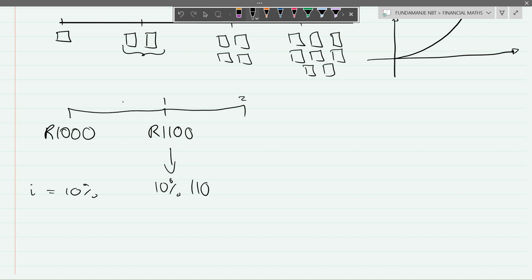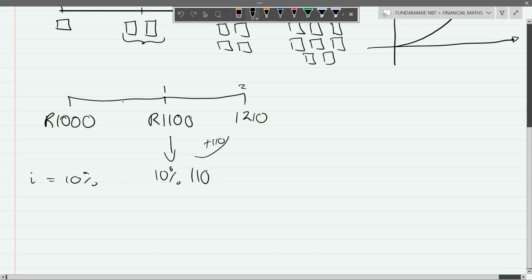So we add plus 110, which will be 1,210. And then you continue with this process. You add 10% of this amount, which would be 121, and then the amount just keeps on growing. The interest grows as the money grows as well. So that is compound interest.